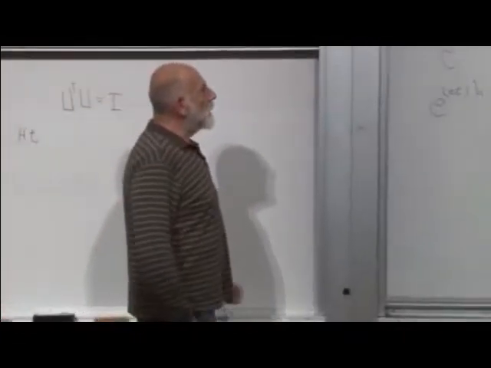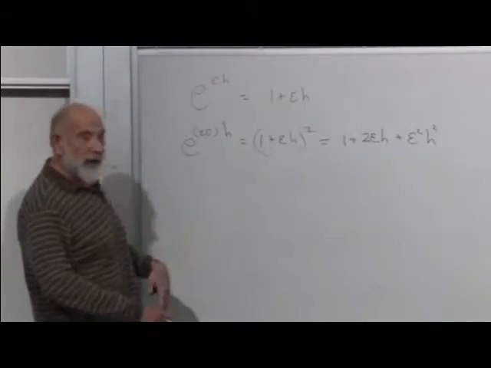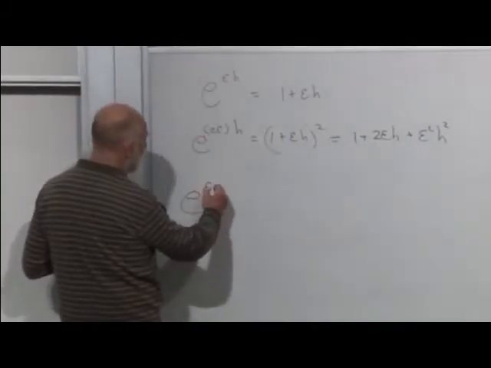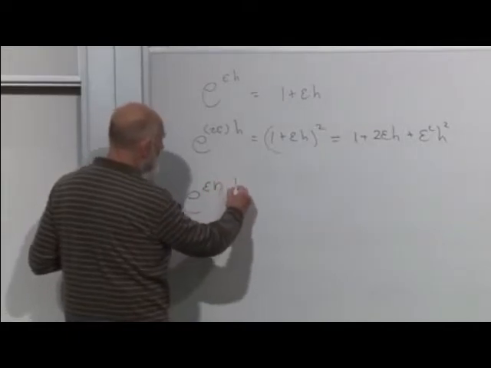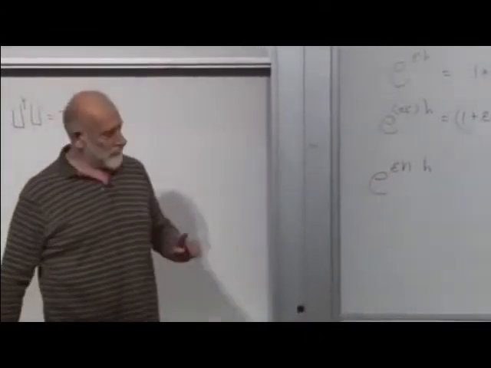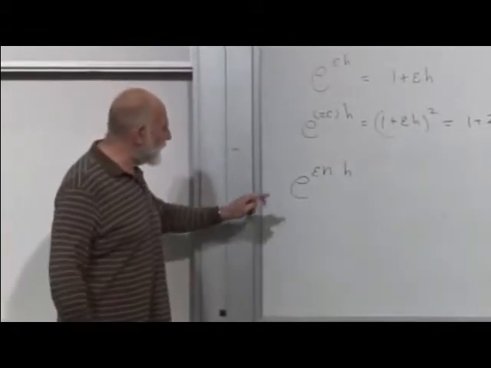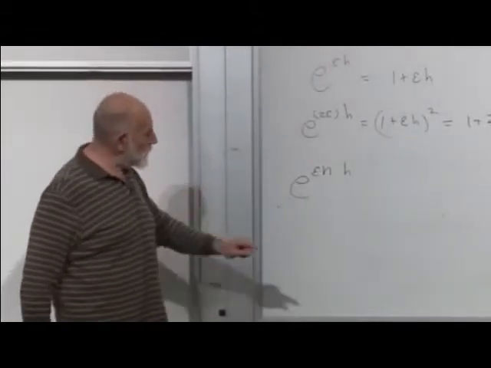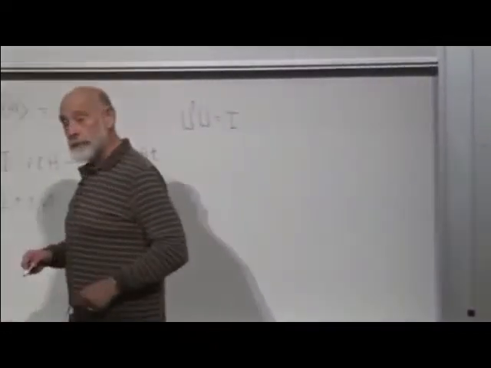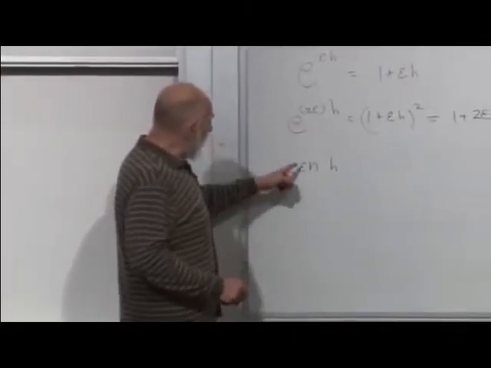Here's a theorem that if you do this over and over enough times, let's say n times, e to the epsilon times n times h, such that epsilon times n is finite. In other words, epsilon is an infinitesimally small number, but I do it enough times so that n times epsilon is a finite number, namely t. I do this over and over. What happens?